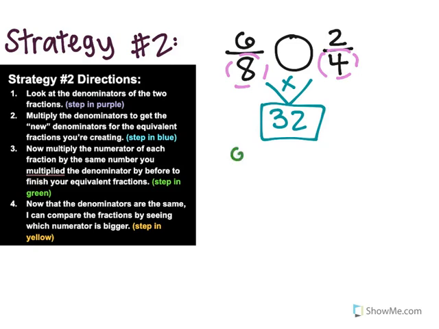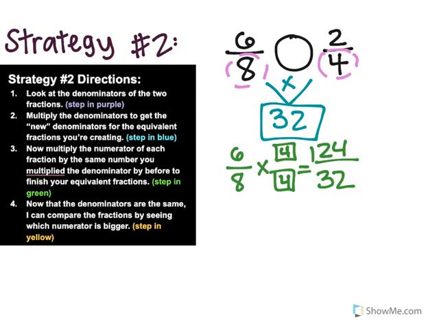So I take 6/8 and I ask myself, what would I multiply to get to 32? And I know it's by 4 because I have the facts up there. So I multiply 6 times 4, and that gives me 24. This is my new equivalent fraction that has the denominator of 32, so I can compare more easily.